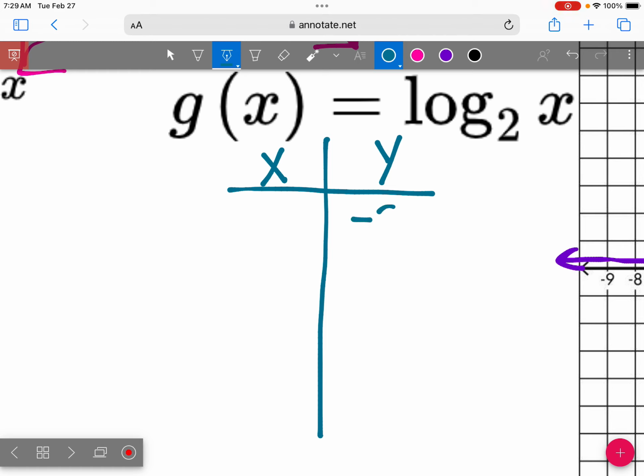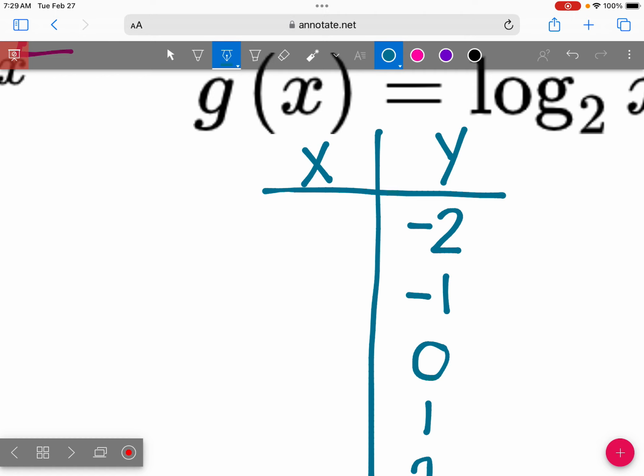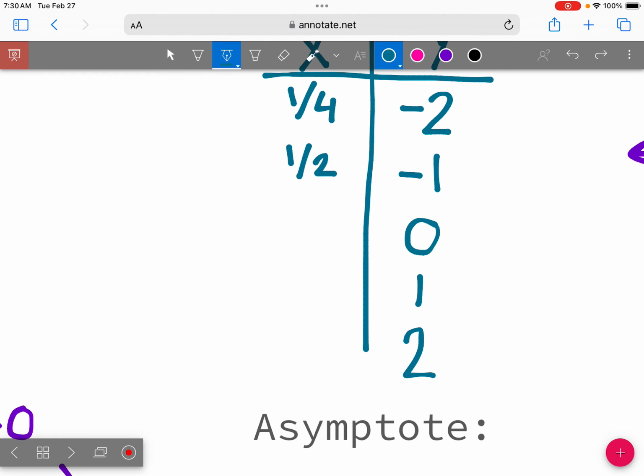So we're going to go down my y's with -2, -1, 0, 1, and 2. And my x's for my logarithmic function are going to be the y column for my exponential: 1/4, 1/2, 1, 2, and 4.